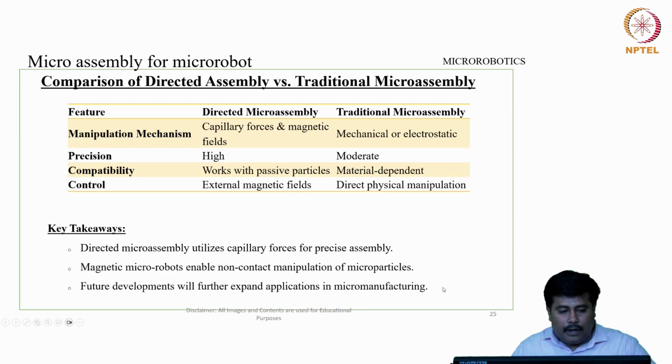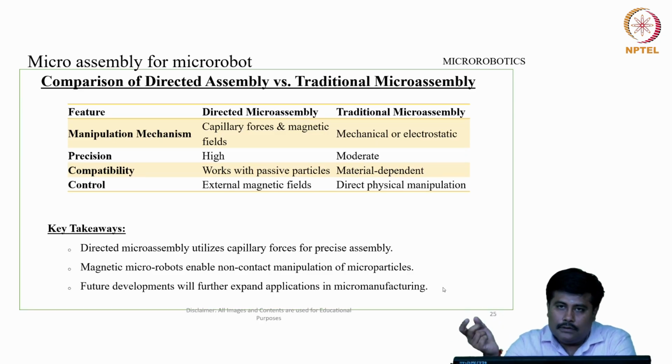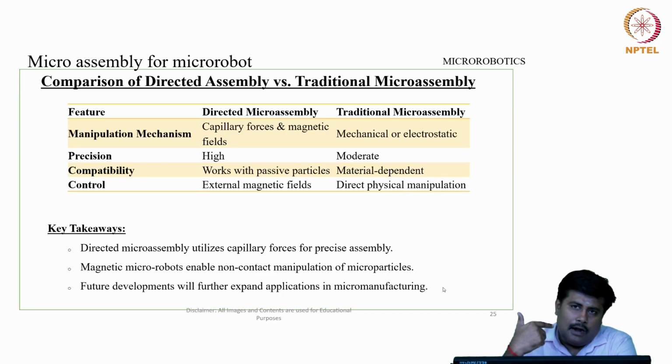Okay, so when we look at the overall comparison of directed assembly and traditional assembly, based on the manipulation mechanism, we can appropriately orient the manipulation. One uses capillary force and magnetic field, while traditional micro assembly basically involves mechanical or electrostatic forces. From a precision point of view, capillary and magnetic field methods are of high precision, whereas traditional micro assembly is moderate.